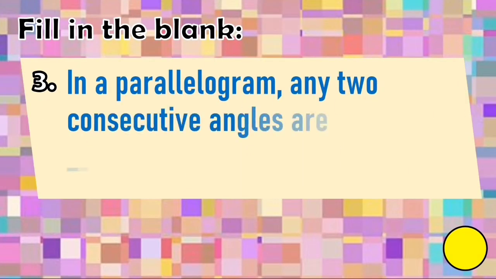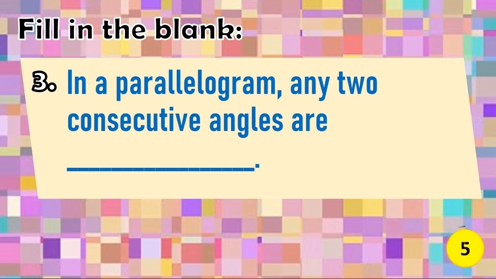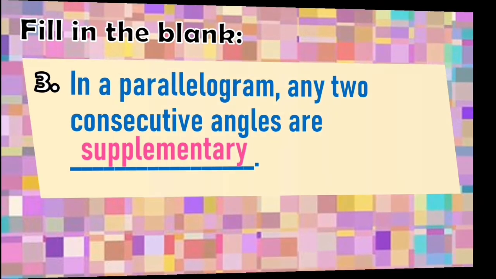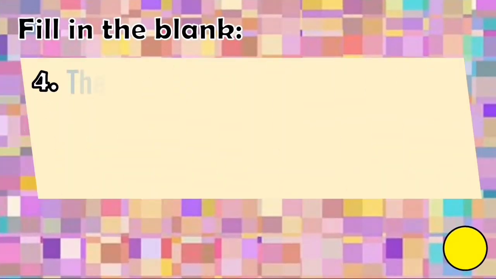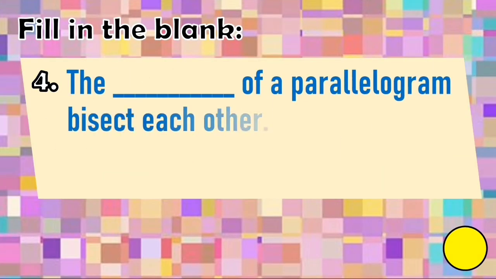Next, number 3. In a parallelogram, any two consecutive angles are blank. Very good, supplementary. Next, number 4. The blank of a parallelogram bisect each other.